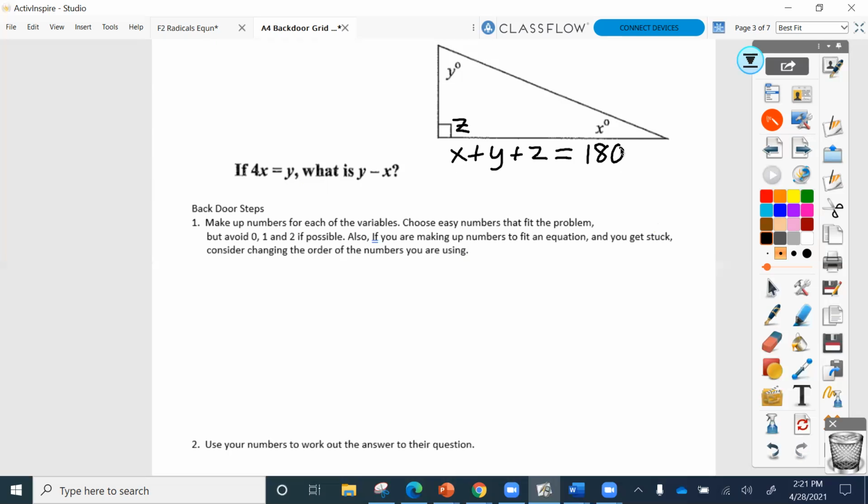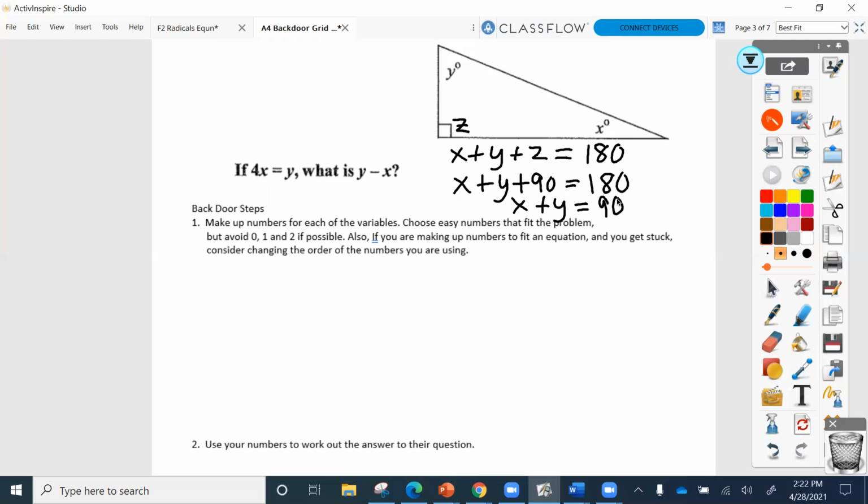Another thing you got to remember is X plus Y plus 90 degrees, which Z is also true, which means that X and Y must add up to, if you subtract 90 from both sides, 90 degrees, right? So if you know one of the angles is a 90-degree angle, the other 2 angles must add up to 90 degrees.